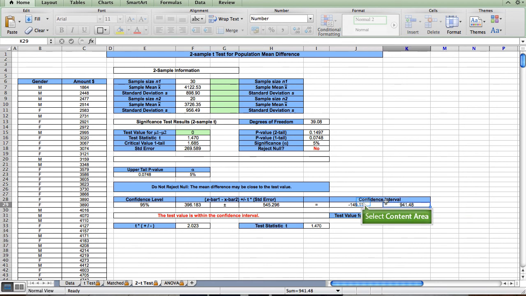Here it's women minus men. So I can see that because the confidence interval changes signs, starts at a negative and goes to a positive, 0 must be in my confidence interval, which is consistent with my p-value results. That is, no significant difference between the means for women and men.